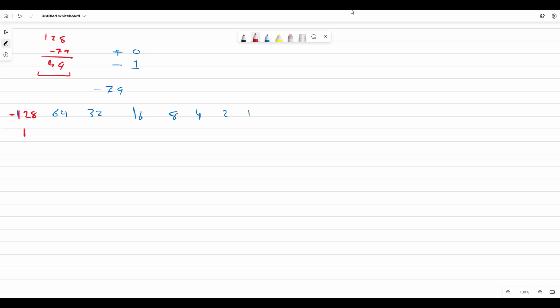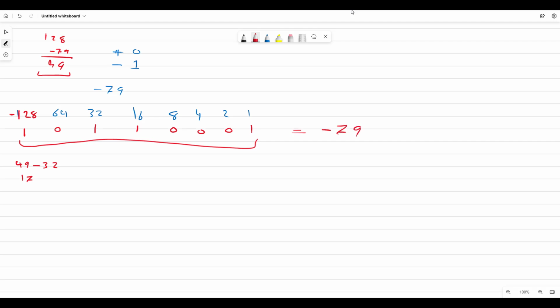So for 49, we have 0 in the 64 place. 49 is greater than 32, so we have 1, and 49 minus 32 gives 17. So we have 1 here. And 17 is 16 and 1, so 0 0 0 1. So this number is equivalent to negative 79.